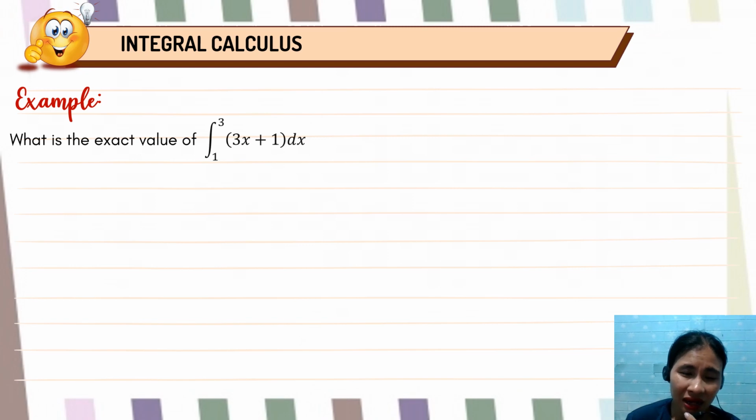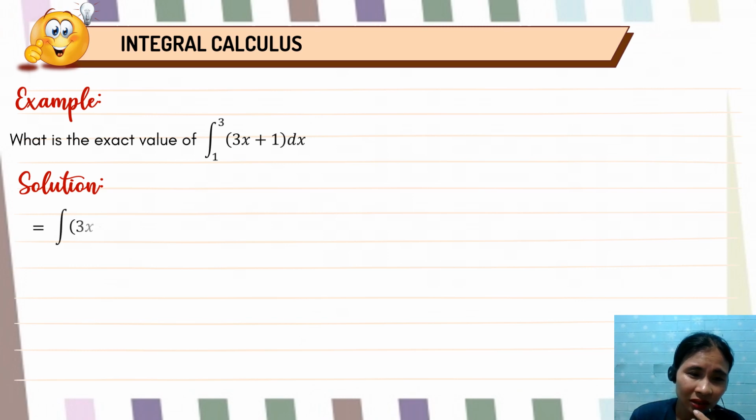What is the exact value of the integral of 3x plus 1 dx from 1 to 3? Again, the first step is to integrate the expression. The antiderivative of the quantity 3x plus 1 dx is 3x squared over 2 plus x.